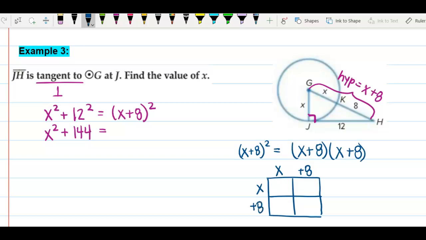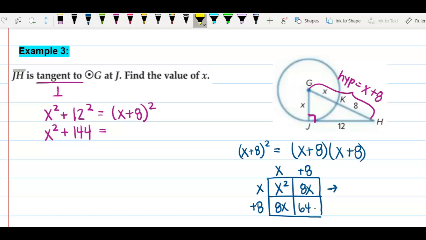So what happens is when I fill in my interior boxes, I multiply the terms together. So this box would be X times X, which would be X squared. My box here would be X times 8, which would be 8X. Then I have another 8X right here. And then my last box is 8 times 8, which is 64.